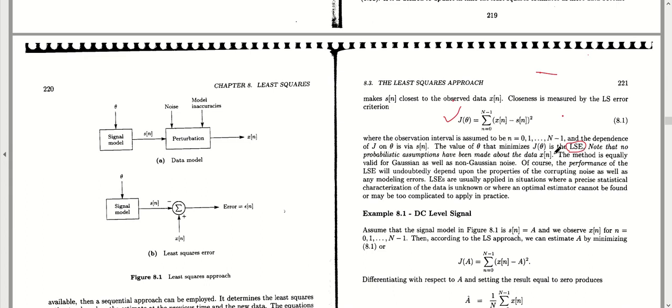Okay, so no probabilistic assumptions have been made. You may be curious about this, but as I said, we have to think about this estimator in the sense of coming from heuristic, empirical experiences.